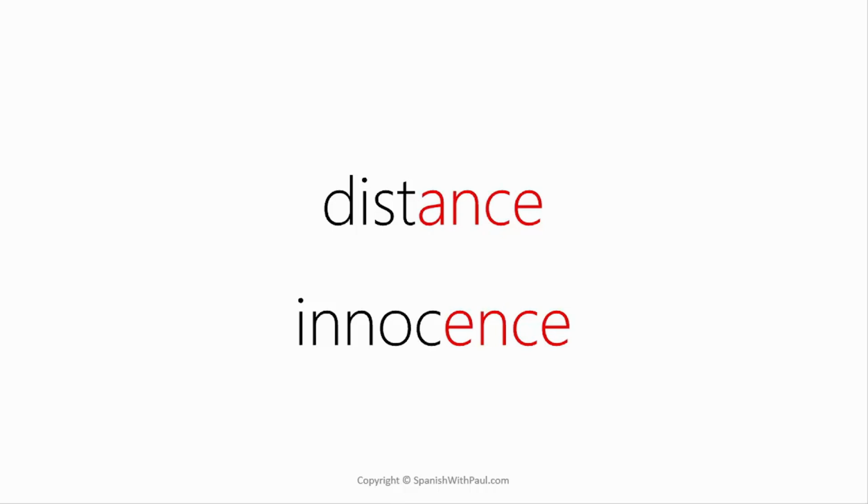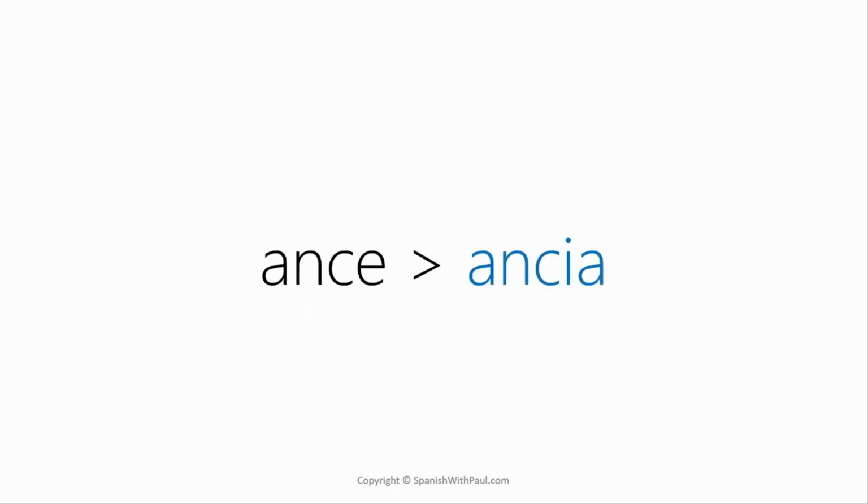Now the key is that words ending in ANCE will take on the sound of ansia in Spanish, while words ending in ENCE will take on the sound of encia. So you can see how closely related they are. We have ansia and encia.